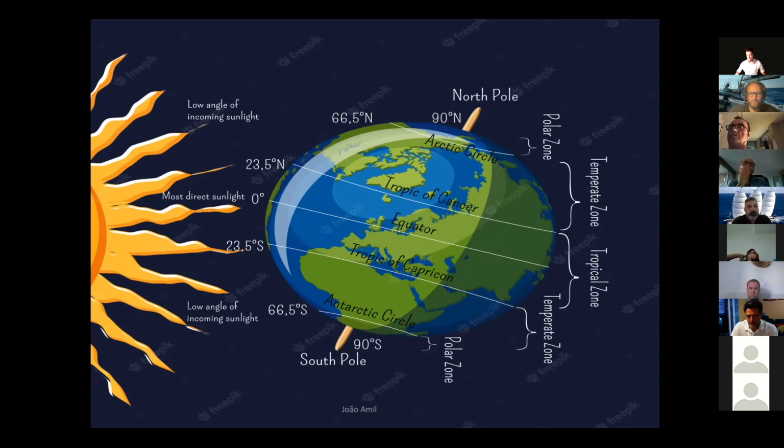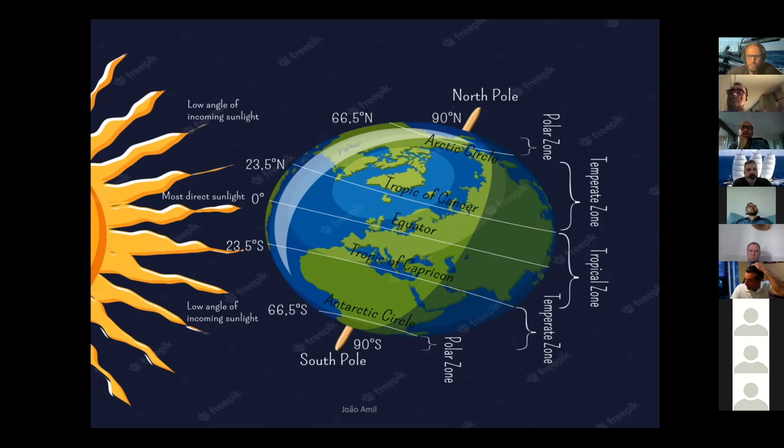And as it goes around, this changes. There are two moments during the year in which the sun hits the equator and this changes, and you start to get more sunlight in one of the hemispheres compared to the other. These are called the equinox.